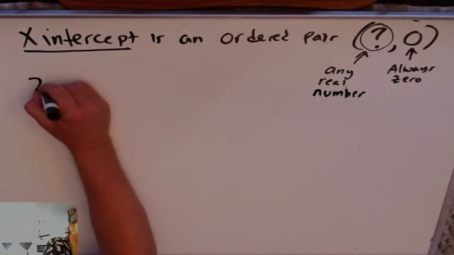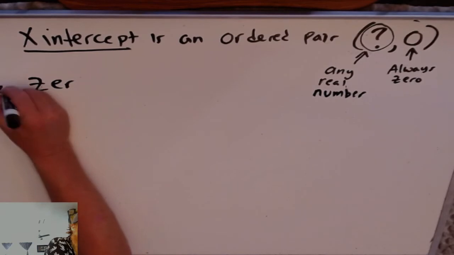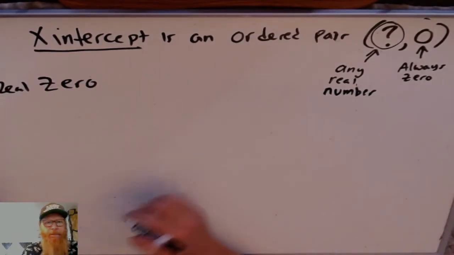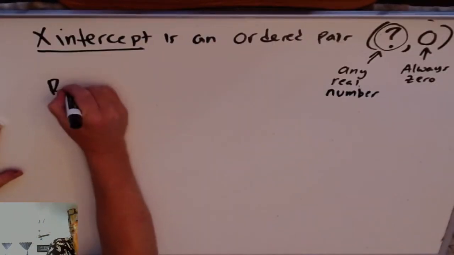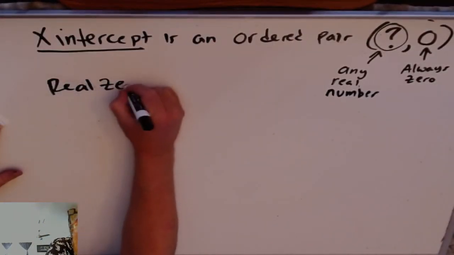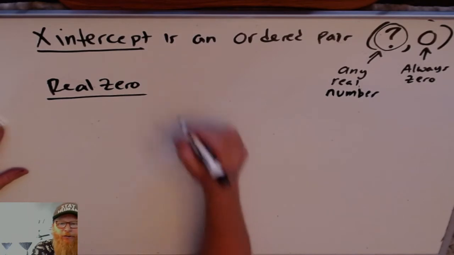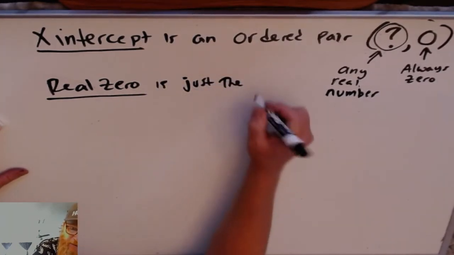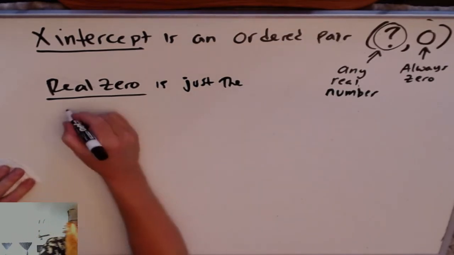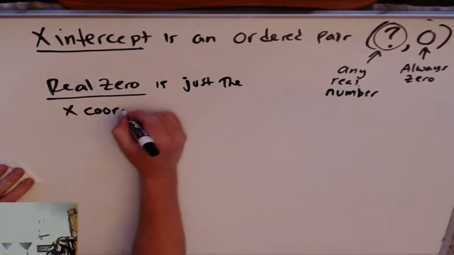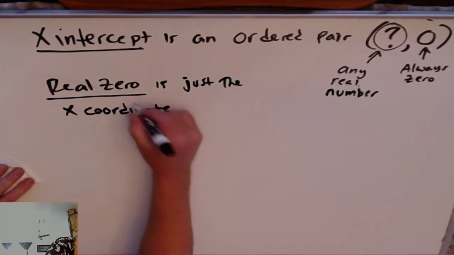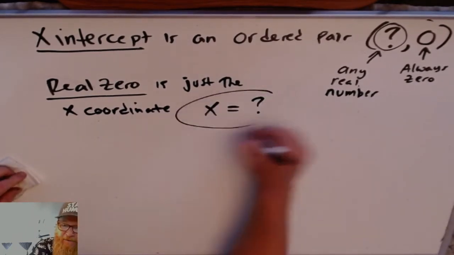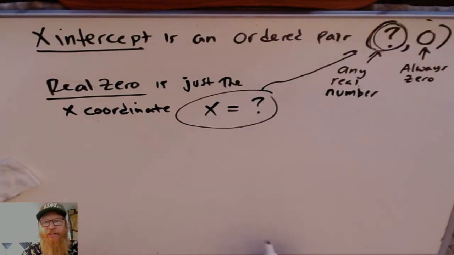A 0 is just the x coordinate. So x equals whatever this value is.